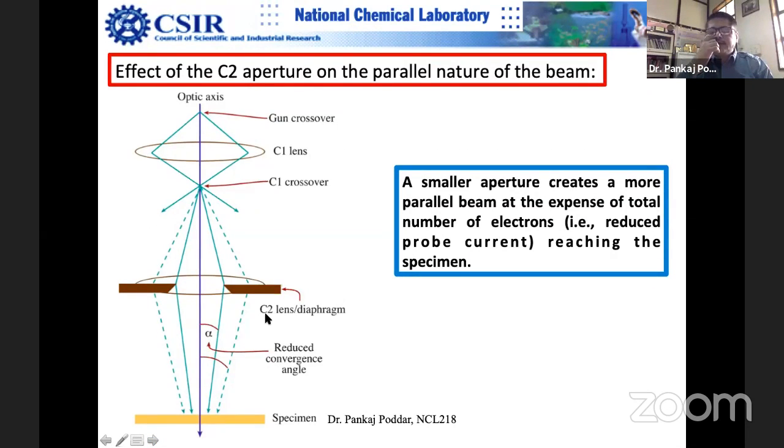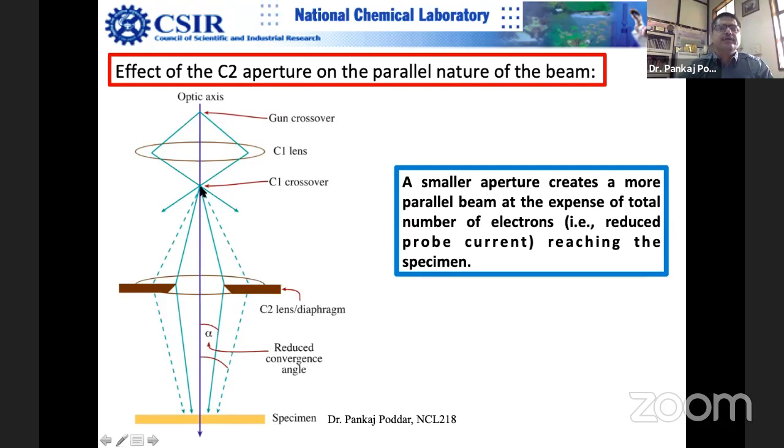So now we are done with the lenses in the illumination zone. You remember we are learning the illumination zone, the settings in the system above the specimen. Now what we do with the diaphragms or apertures. Again you start from the gun crossover, then you have the C1 lens.